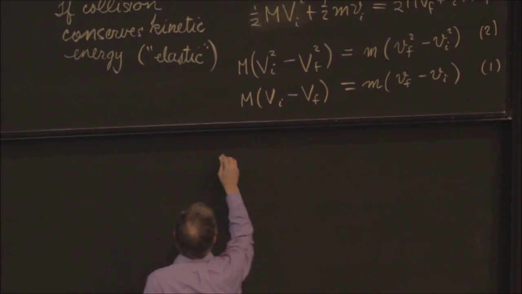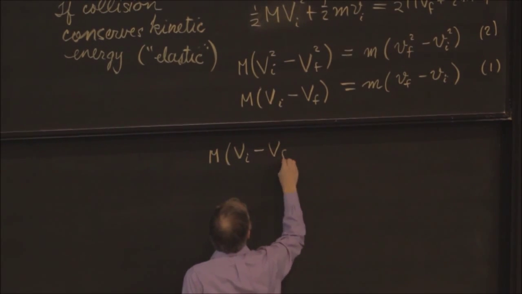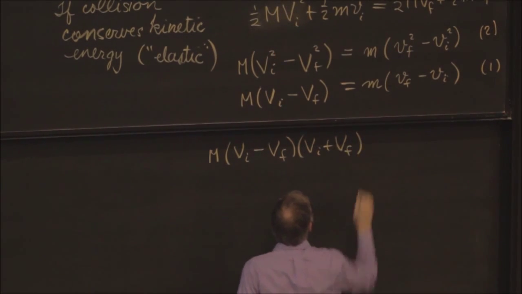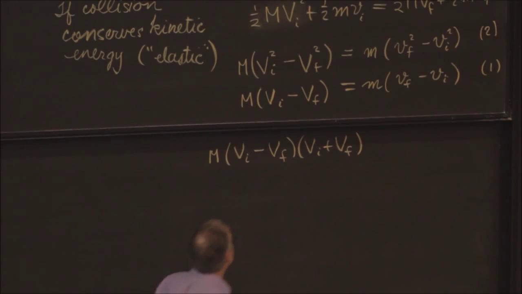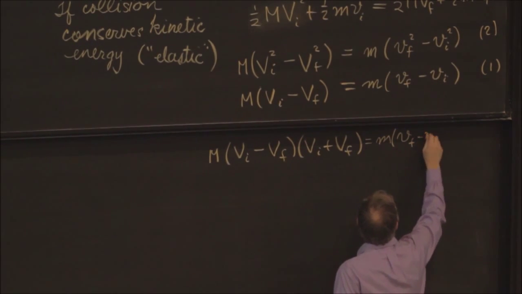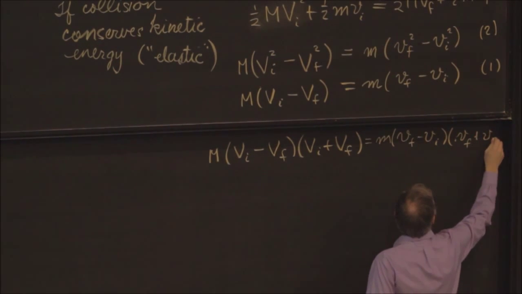So equation 2 could be rewritten M (V initial minus V final)(V initial plus V final) is equal to m (v final minus v initial)(v final plus v initial).